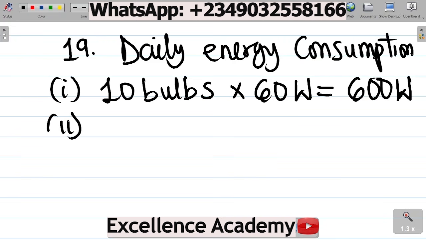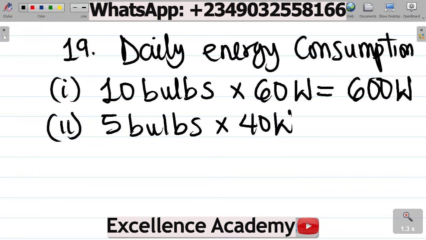The second thing mentioned there was 5 bulbs of 40 watts. 5 times 40 gives you 200.